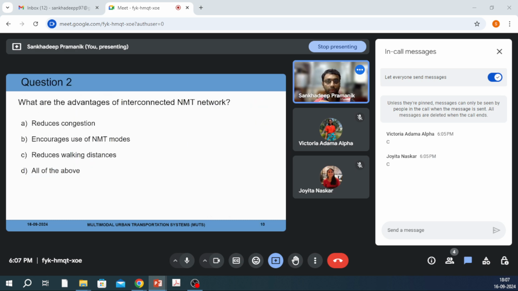Next: what are the advantages of an interconnected NMT network? Reduce congestion, encourage use of NMT modes, reduce walking distance, all of the above.